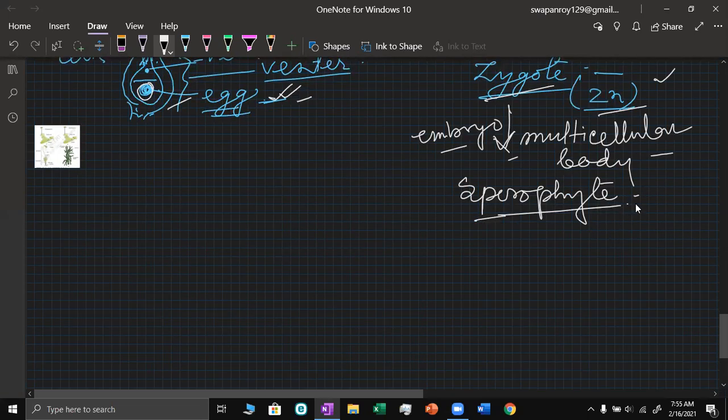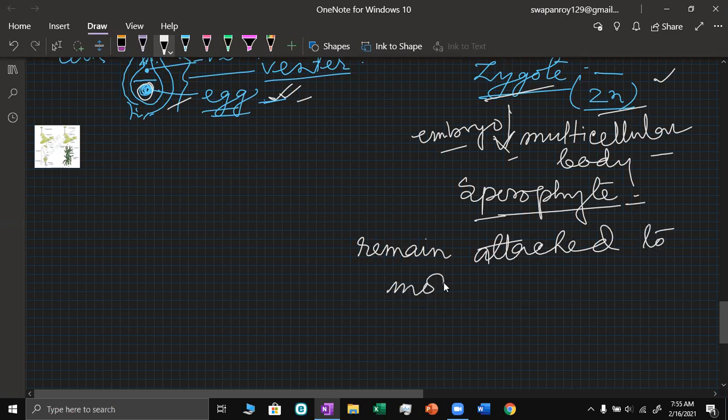The sporophyte remains attached to the mother plant. The mother plant is the gametophyte, meaning the sporophyte is dependent on the gametophytic plant for shelter and nourishment.